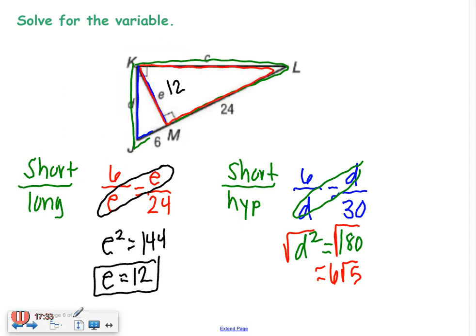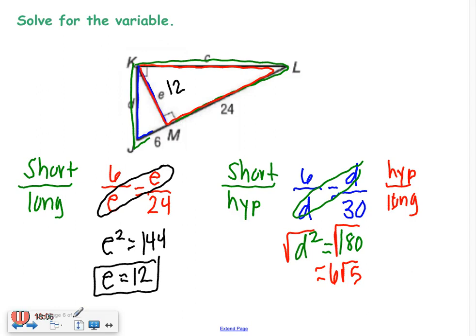And then to find C, I have to use the right red triangle and the big one. So what is C on the red triangle? Hypotenuse. And what is it on the green triangle? Long. So I know I have to use hypotenuse over long. Did you do long? Yep, I just want to show you that it could work out this way too, but yes, you sure could.